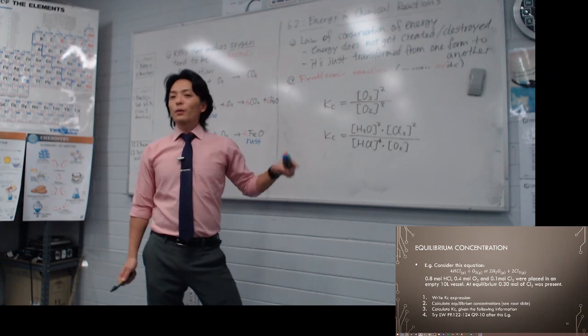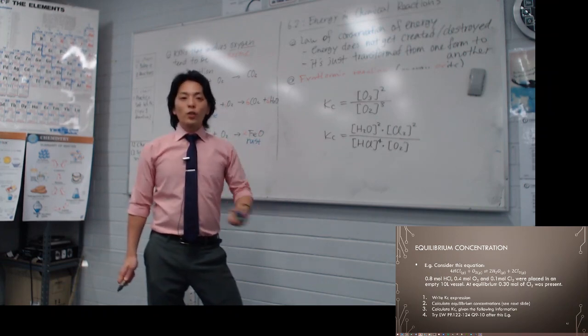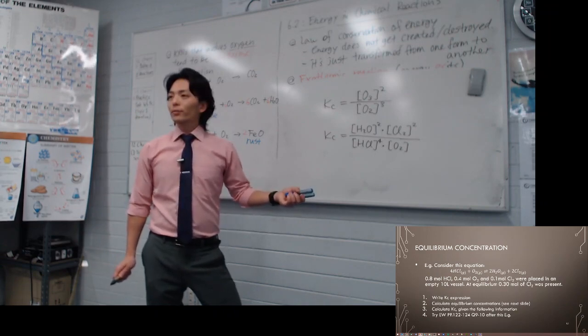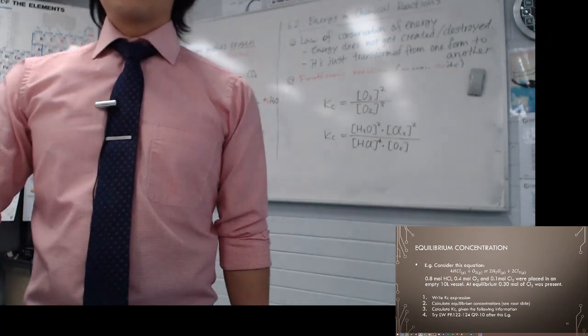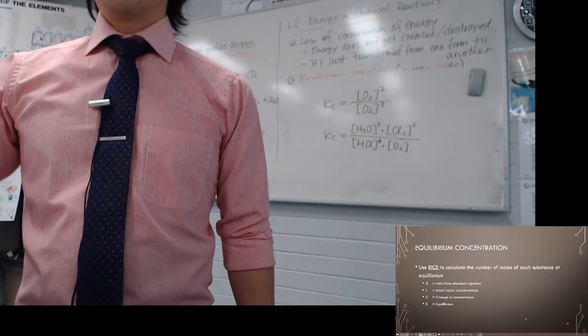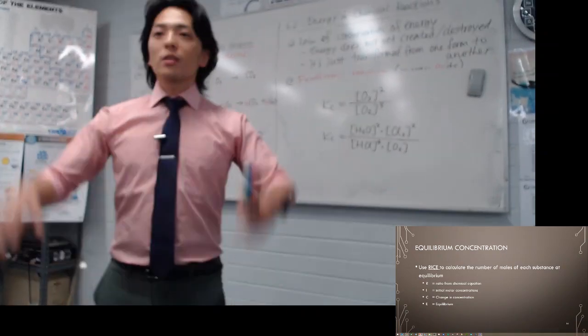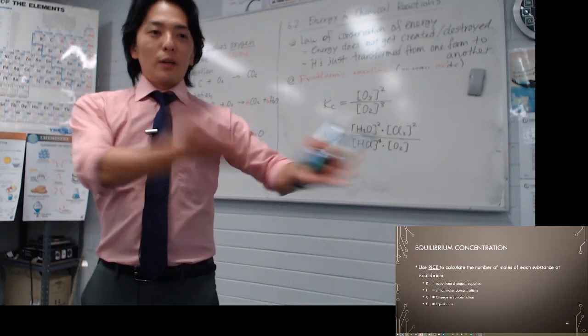What you have to do before that is calculate the equilibrium concentration of the 3 other species. For you to do that, you need to use RICE. When you are asked to calculate equilibrium concentration, think of RICE.